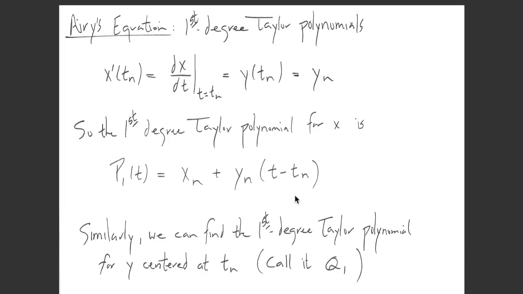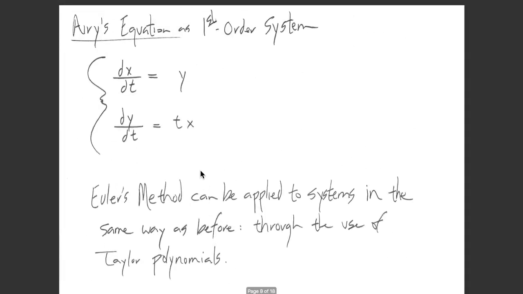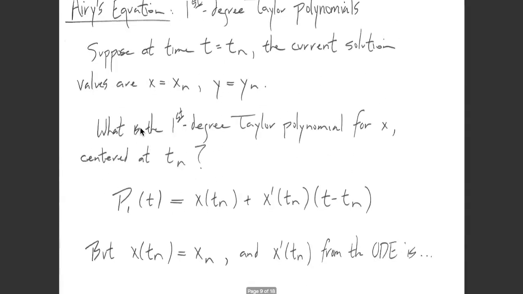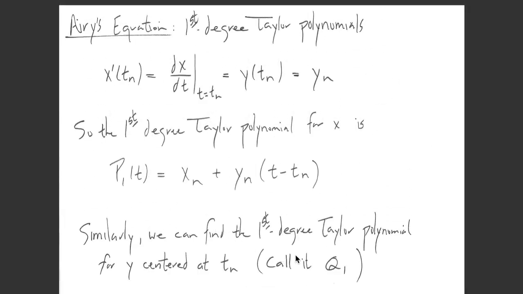What about y? We need to find its first degree Taylor polynomial too, because remember now we have a system. We need to find the Taylor polynomials for both x and y here. I need to call the Taylor polynomial for y something different because I've already used p for the Taylor polynomial for x. So let me call it q1.